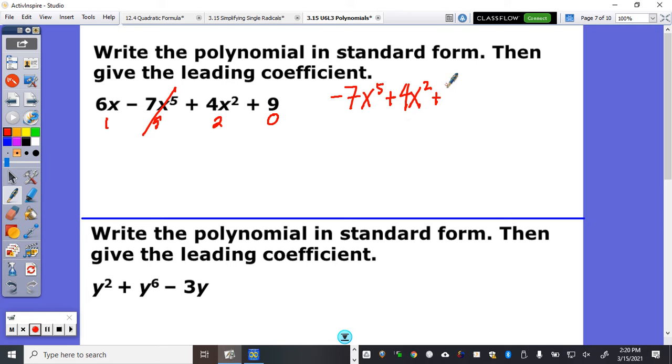Then we have 6x and then plus 9. So now we have this in standard form. When we're looking for the leading coefficient, that's the number that is out in front after you've put it in standard form. So the leading coefficient for this is negative 7.